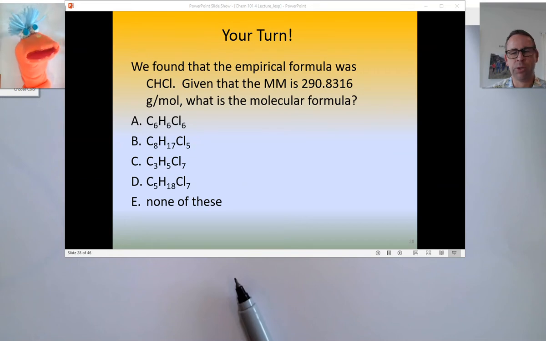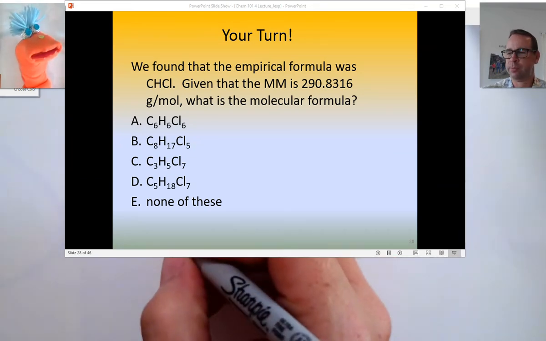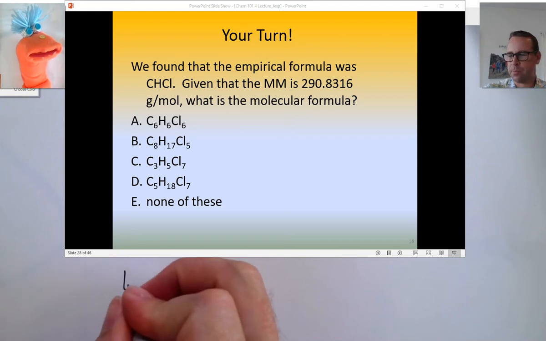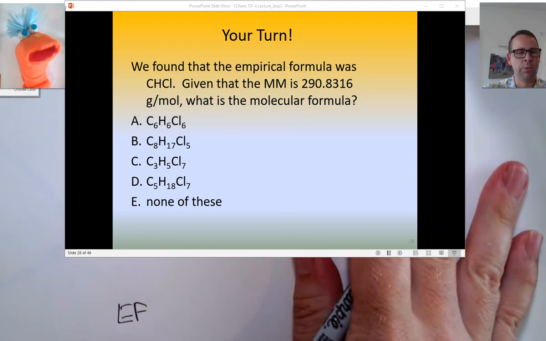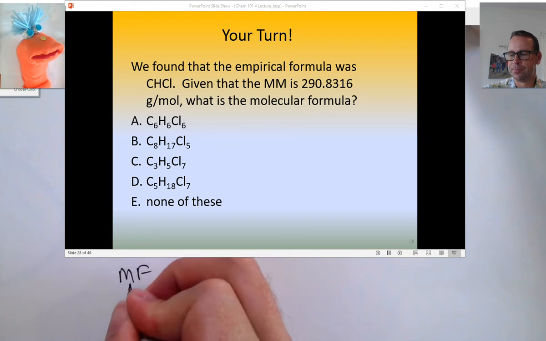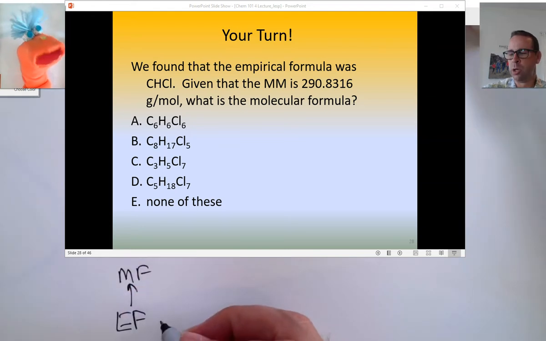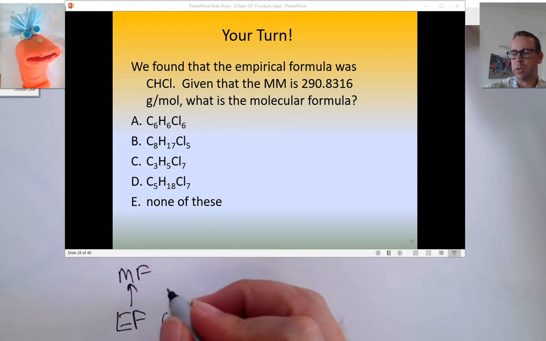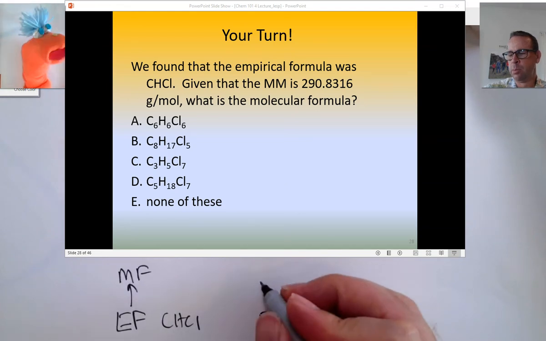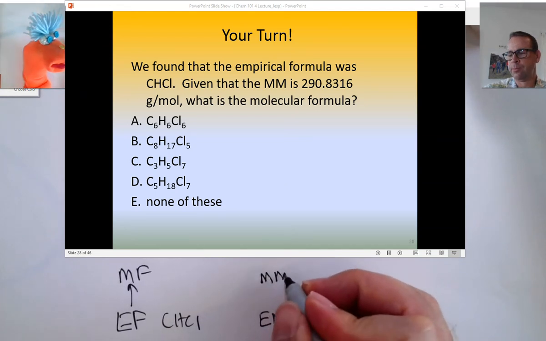Okay, so we just have to get the empirical formula. That's right, the empirical formula, and see how that relates to the molecular formula. Empirical formula CHCl. And we have the same relationship between the empirical mass, yep, and the molecular mass.